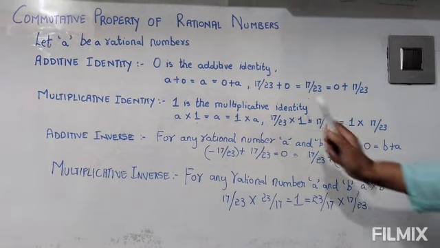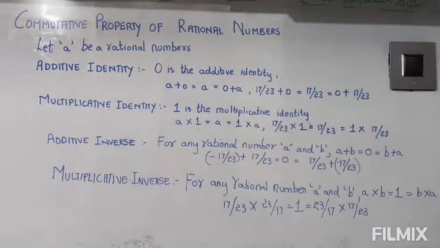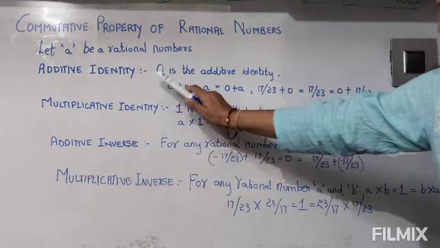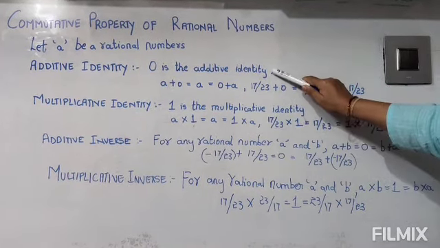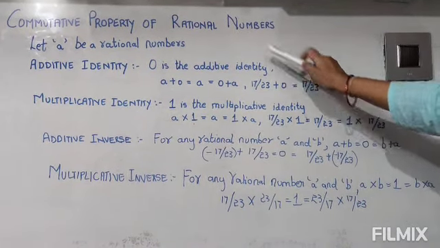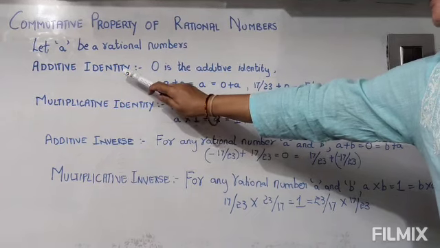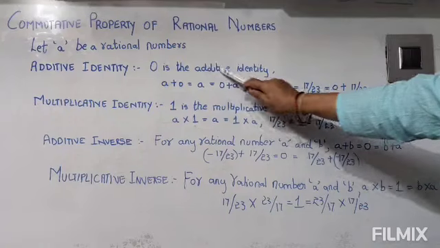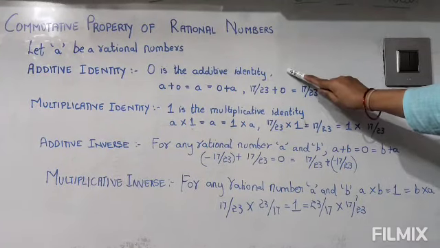Okay, let's study about additive identity. Additive identity means here you consider 0 as the additive identity. It is also a property in the rational numbers. So 0 is the additive identity.